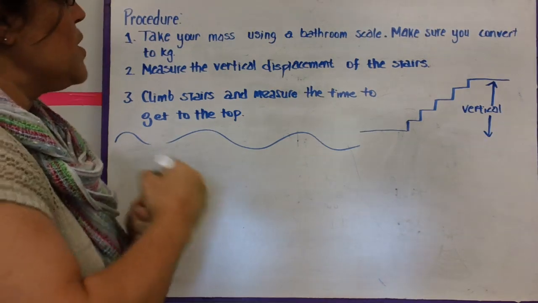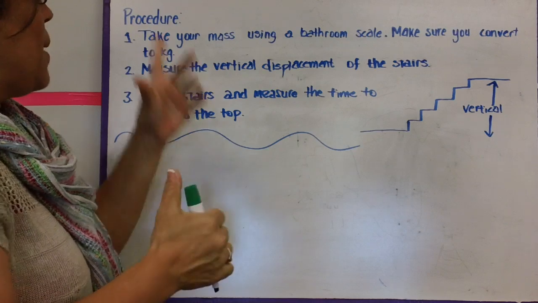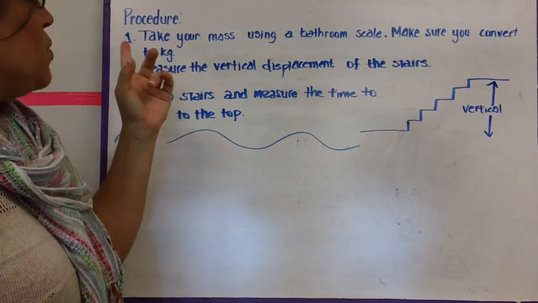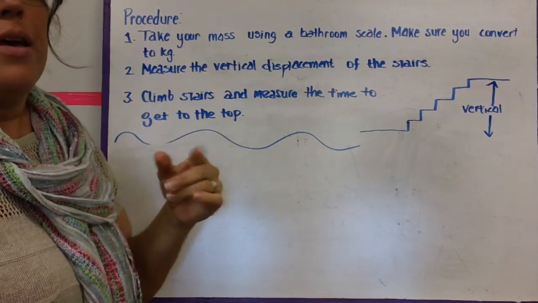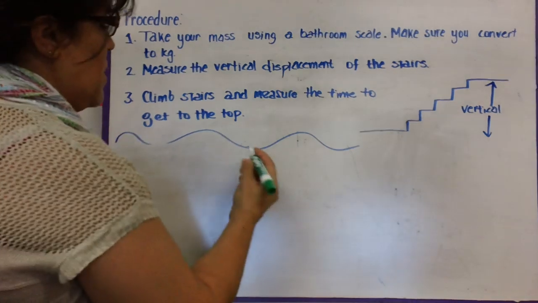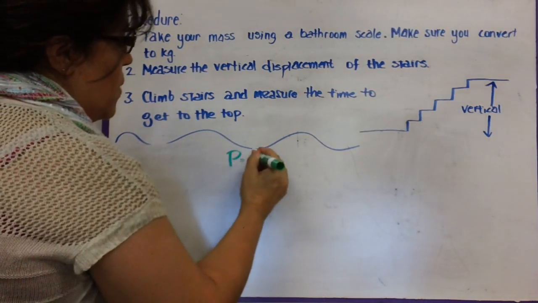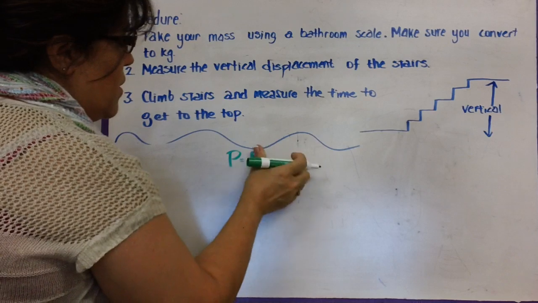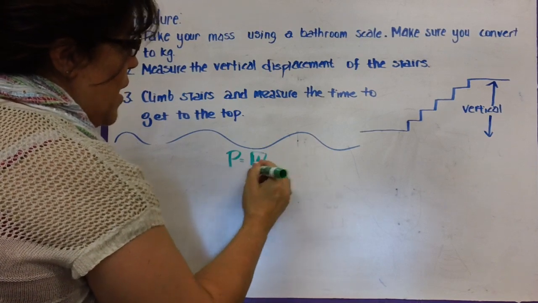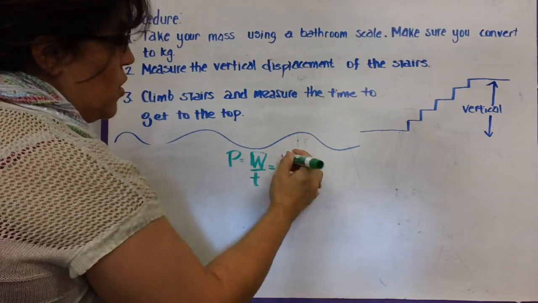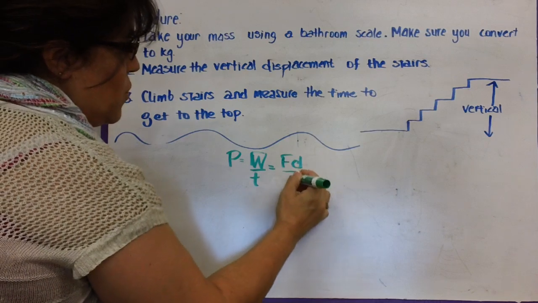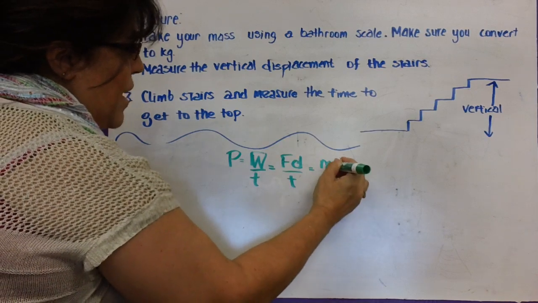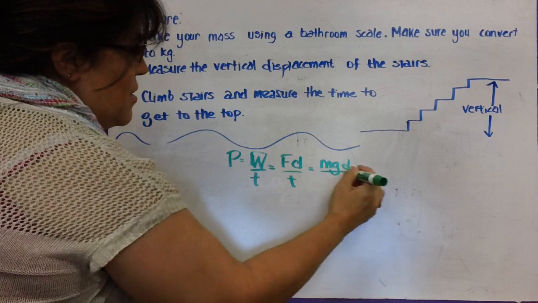Okay, so the first thing that we're going to be looking at is the procedure of our lab. Number one is we need to take our mass, and the reason why is because we're looking at power, which is work over time, and we need to do the work, which is the force times the distance over time, and our force is the mass times gravity, times the distance over time.